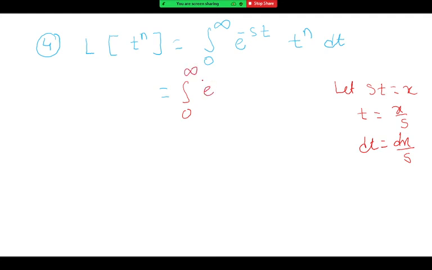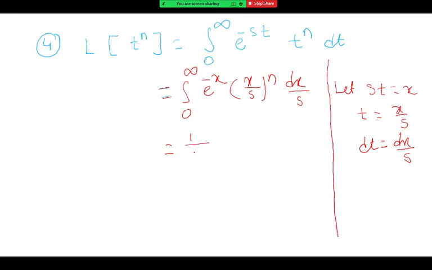So it becomes e raised to minus x, the value of t is x upon s raised to n, and this is dx upon s. All these values were replaced, and you will observe 1 upon s raised to n plus 1 comes common.